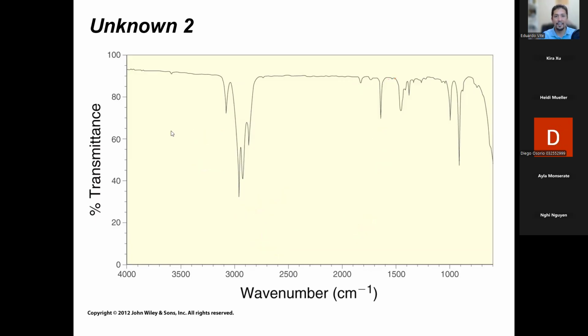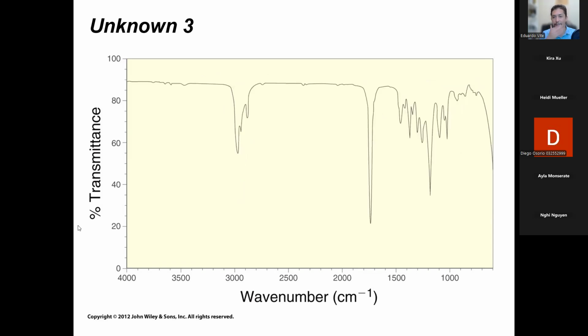Alrighty. And unknown number 3, what do we see here? What functional groups are present here?